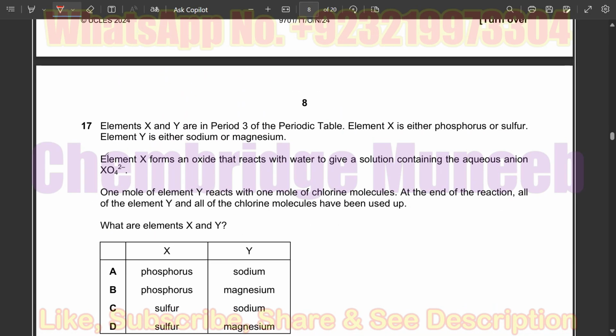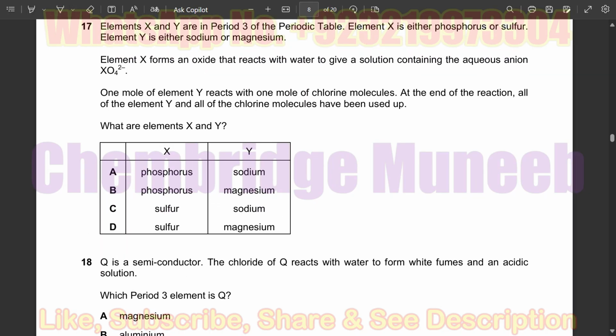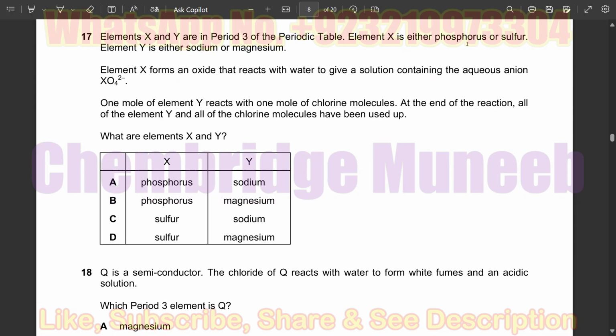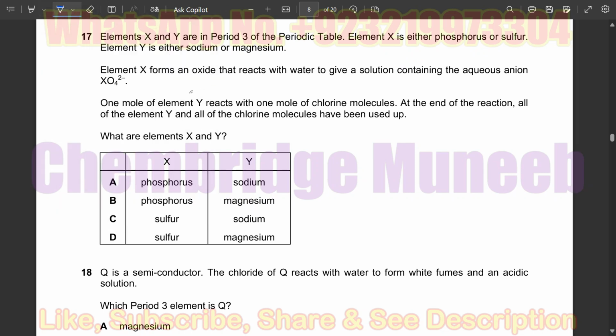Now next question number 17. Elements X and Y are present in period 3 of the periodic table. Element X is either phosphorus or sulfur, element Y is either sodium or magnesium. So we have to identify the element on the basis of the properties given.